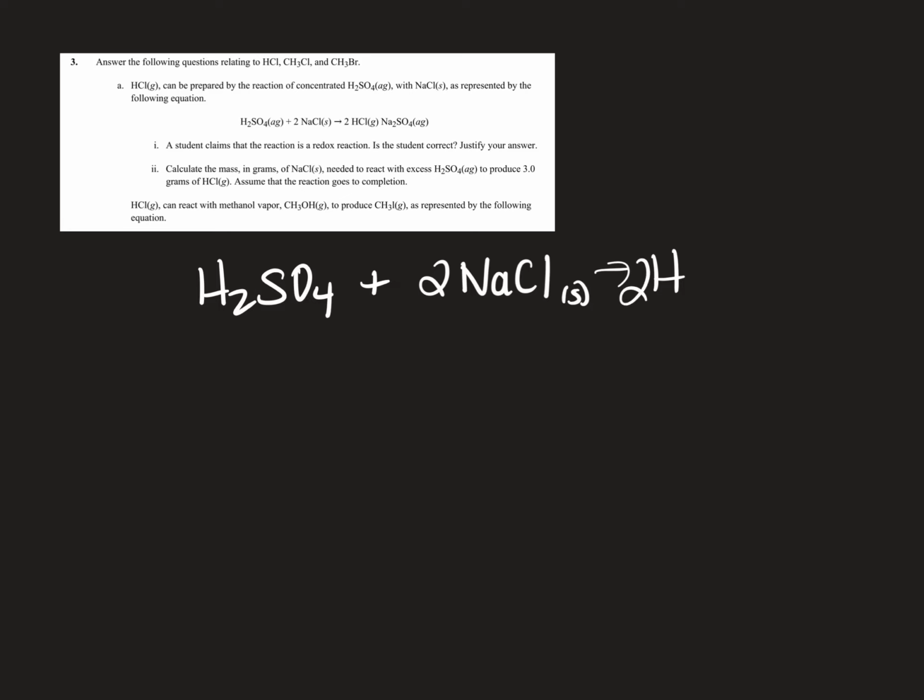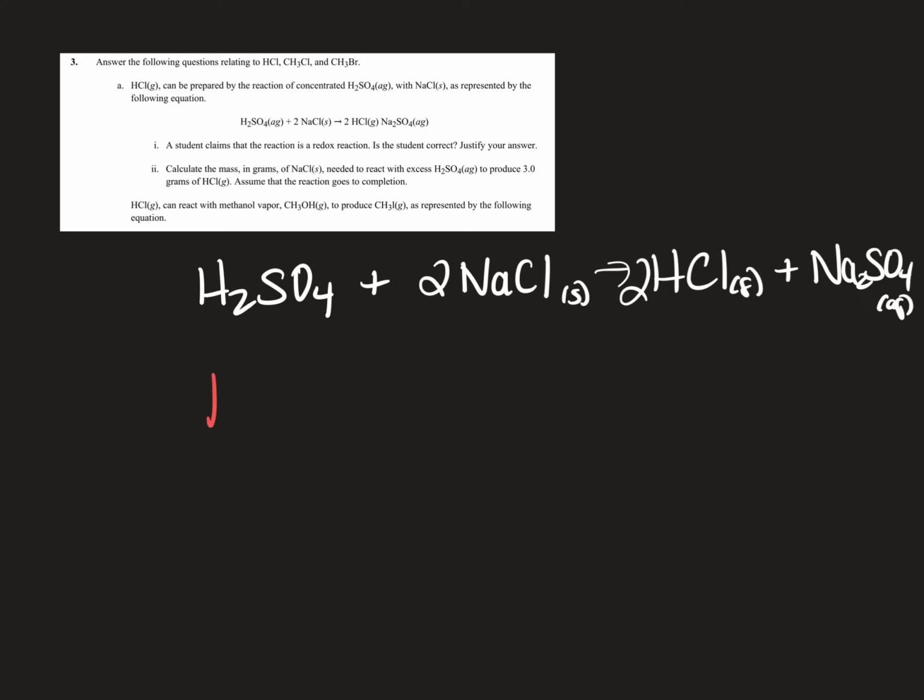So we have H2SO4 plus 2 NaCl, which is solid, to give 2 HCl gas plus Na2SO4 aqueous. And it says a student claims that the reaction is a redox reaction. Is the student correct? Justify your answer.